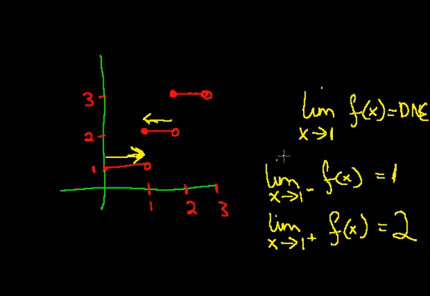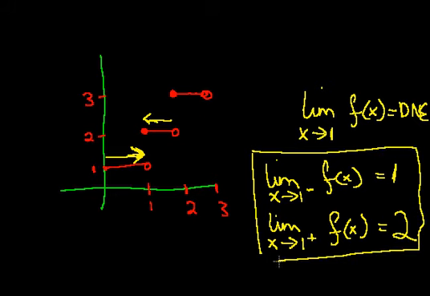But the formal definition: when we just say limit, we implicitly mean that it's a limit from both sides. It's a two-sided limit. So the limit does exist for this function if we take a one-sided limit, but the one-sided limits are different.